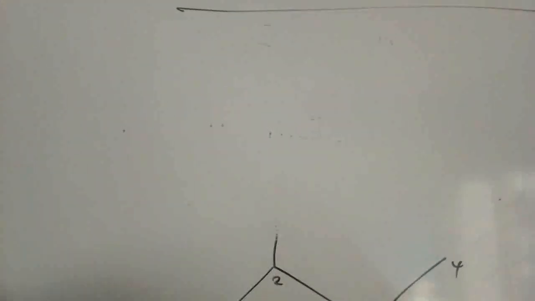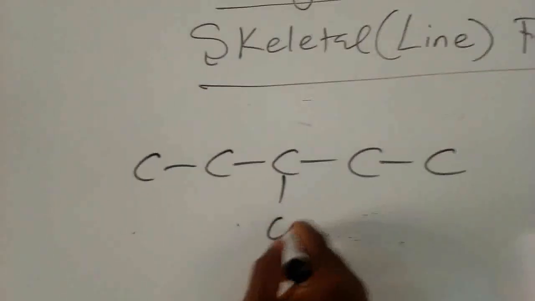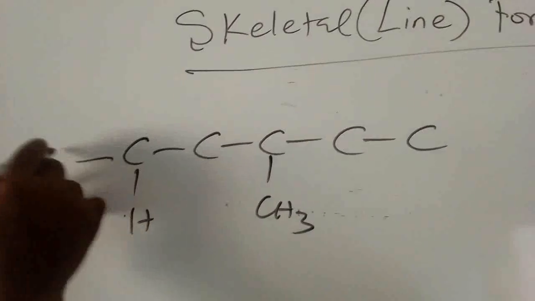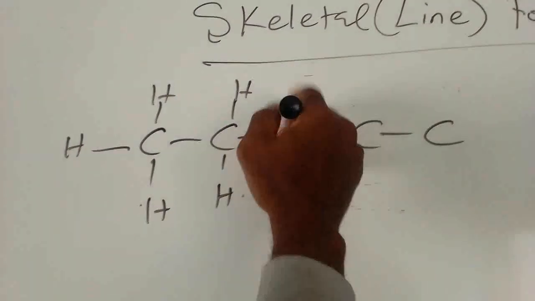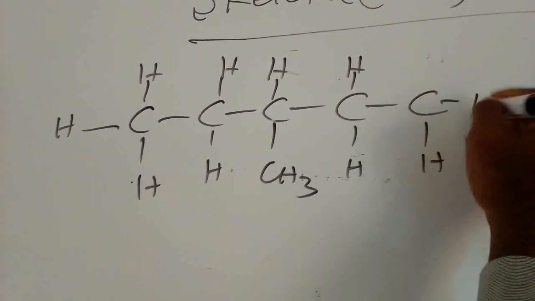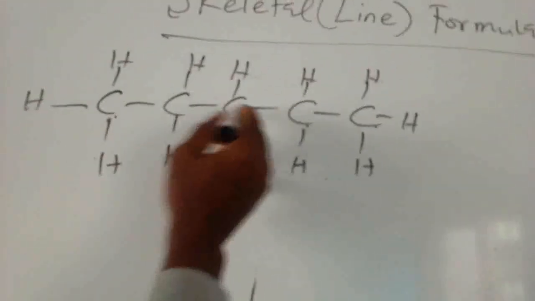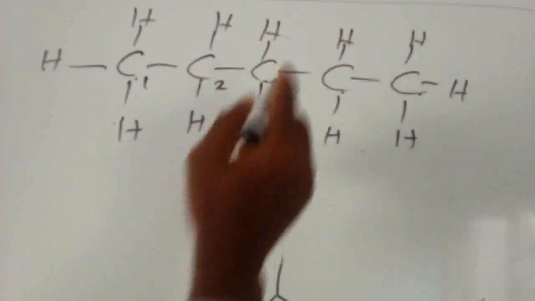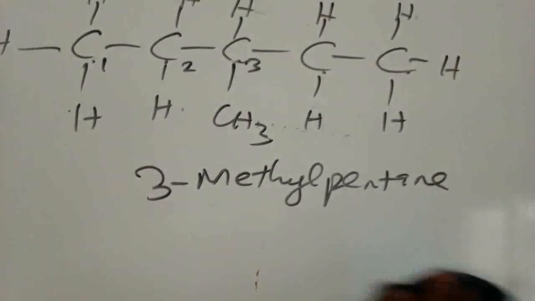Let's say we have a longer chain. This is a pentane chain. The longest continuous carbon chain is 5. So this compound, by IUPAC convention, is numbered 1, 2, 3, and the methyl is on number 3. So it is 3-methyl pentane. How would I draw the skeletal formula?